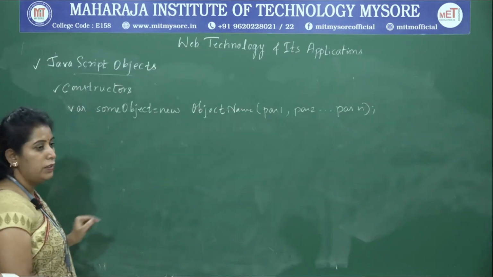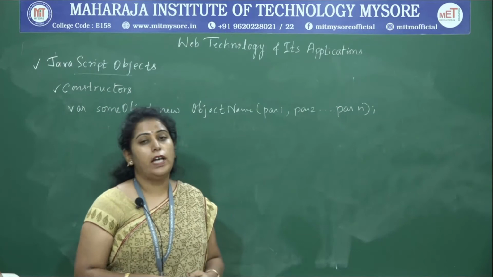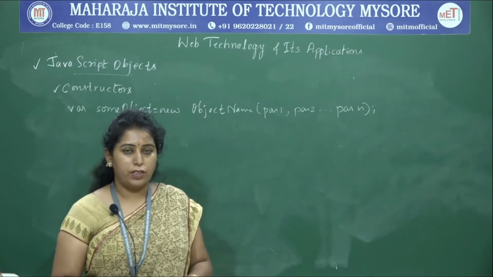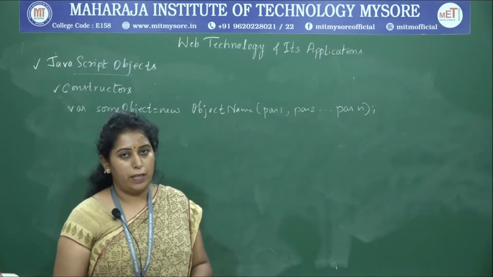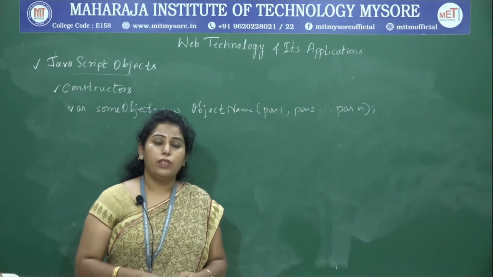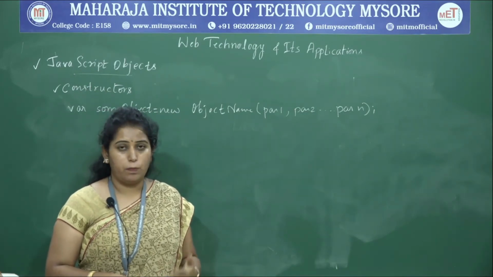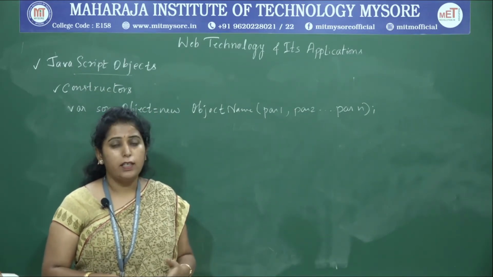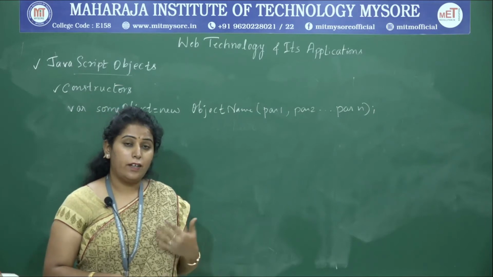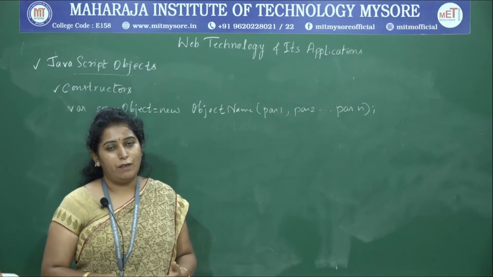So next is about JavaScript objects. As you all know, JavaScript is not a fully fledged object oriented programming language. It does not have a class, is it right? It does not have features like inheritance or polymorphism and so on. So how can objects still be created using JavaScript?